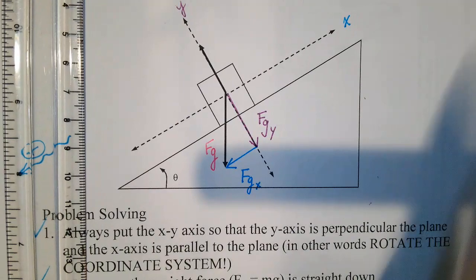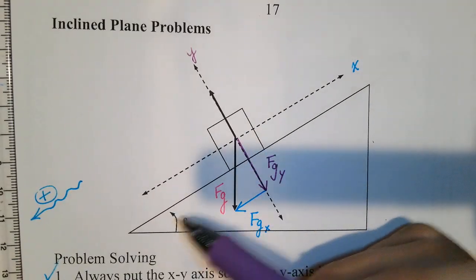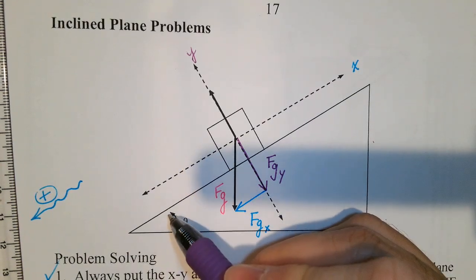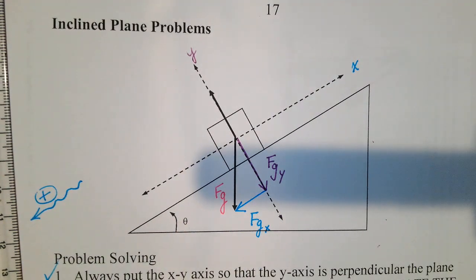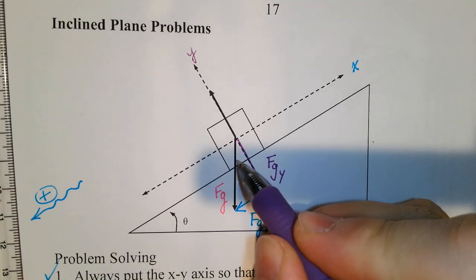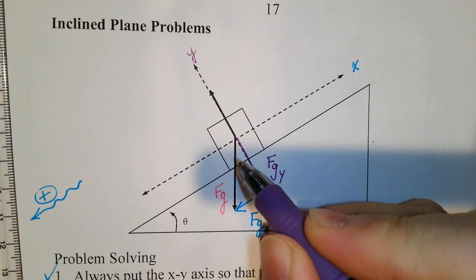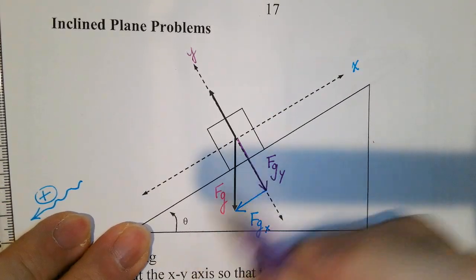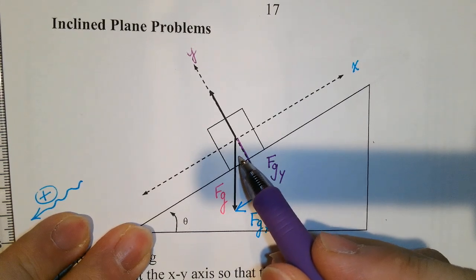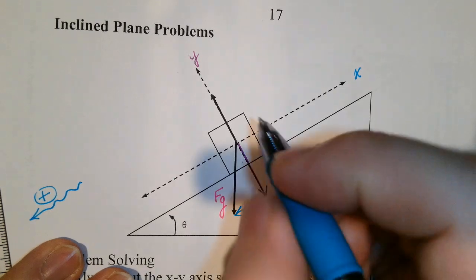Now, I think I already mentioned this earlier, but it's still good to go back. This angle theta of the incline and this angle inside the Fg and components are going to be congruent angles.